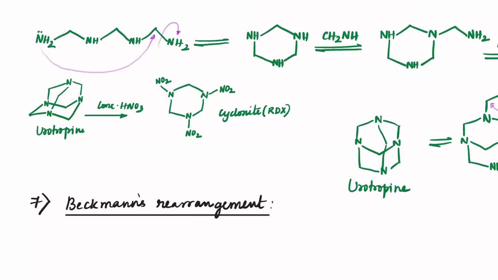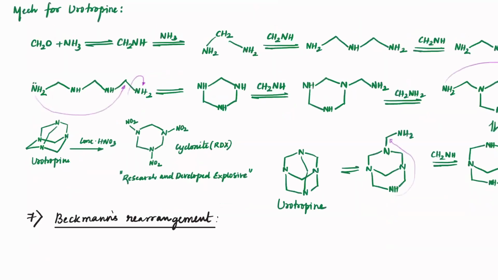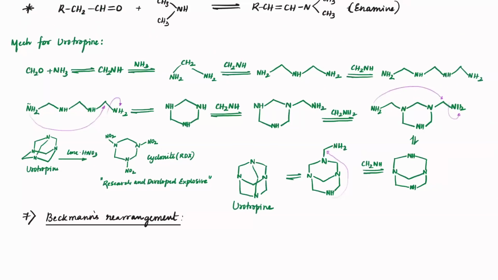What does RDX mean? Research and developed explosive. I'm sure you may have heard about this word RDX. So this is that RDX. So that's an important application of urotropine. Okay. Right, guys, we'll stop.